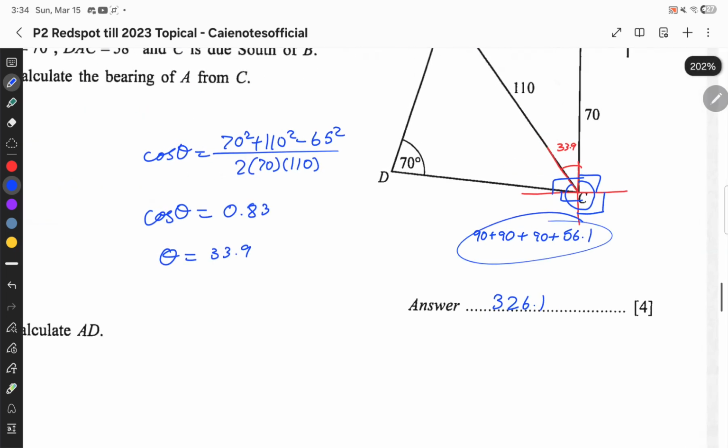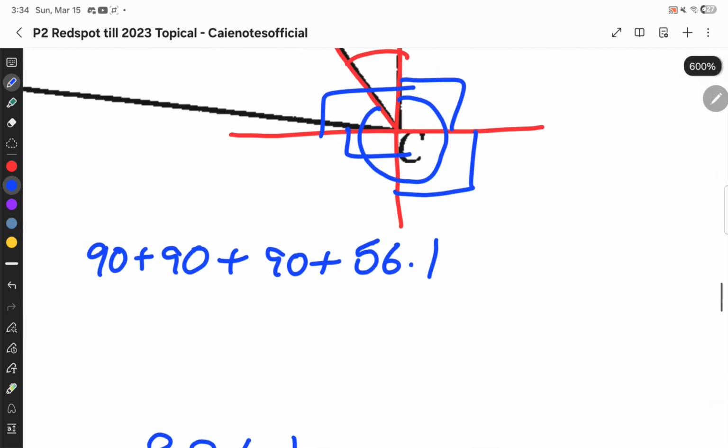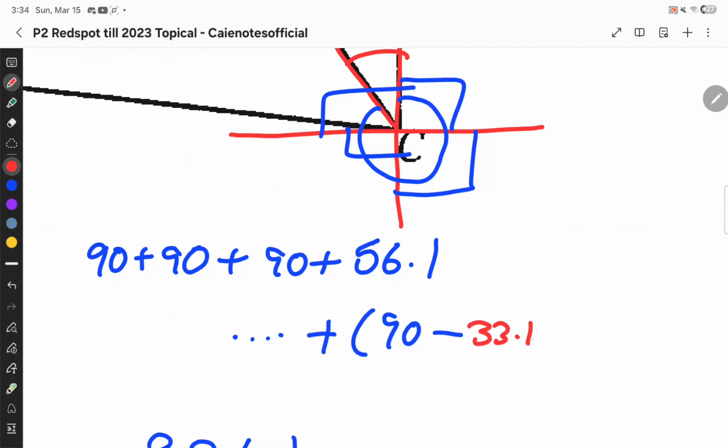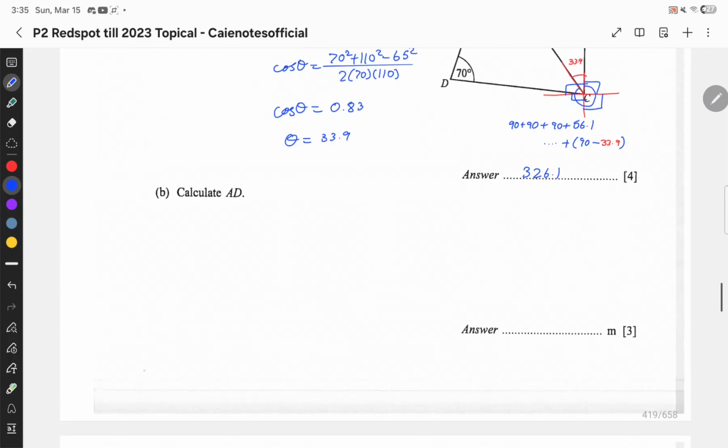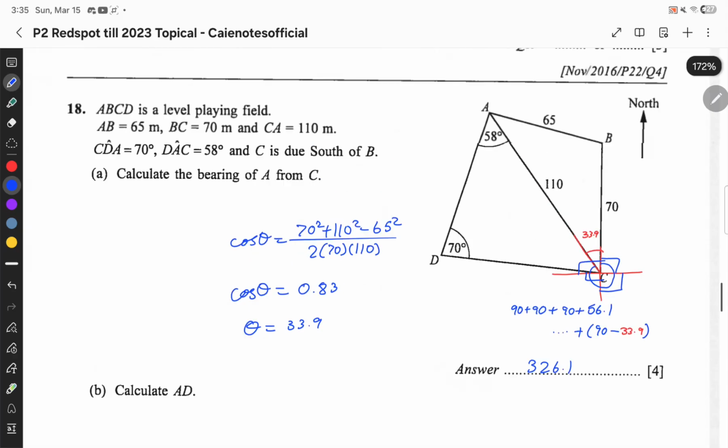Okay, nice, there we go. You can just have it like plus bracket 90 minus 33.9, whatever, just have it your way. Then calculate AD.